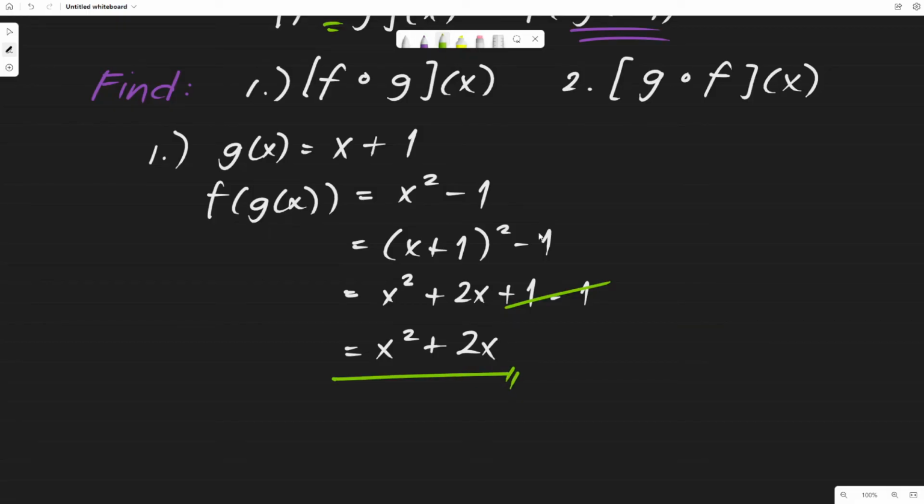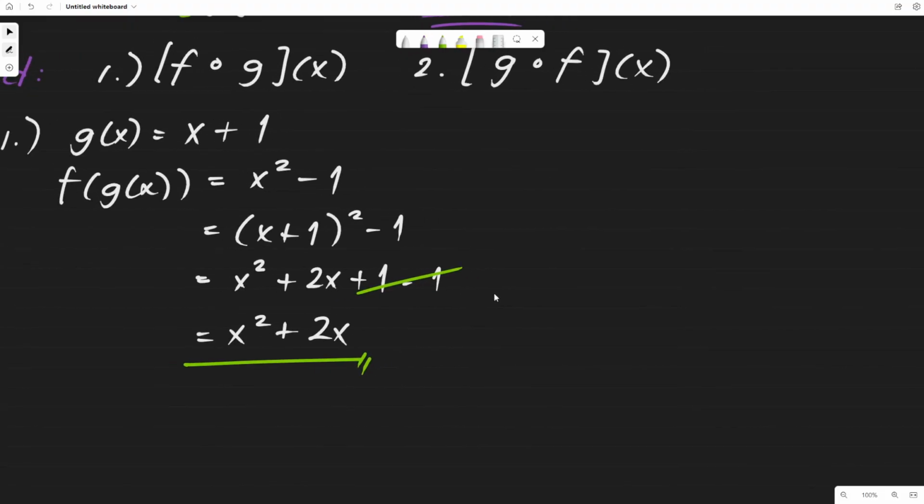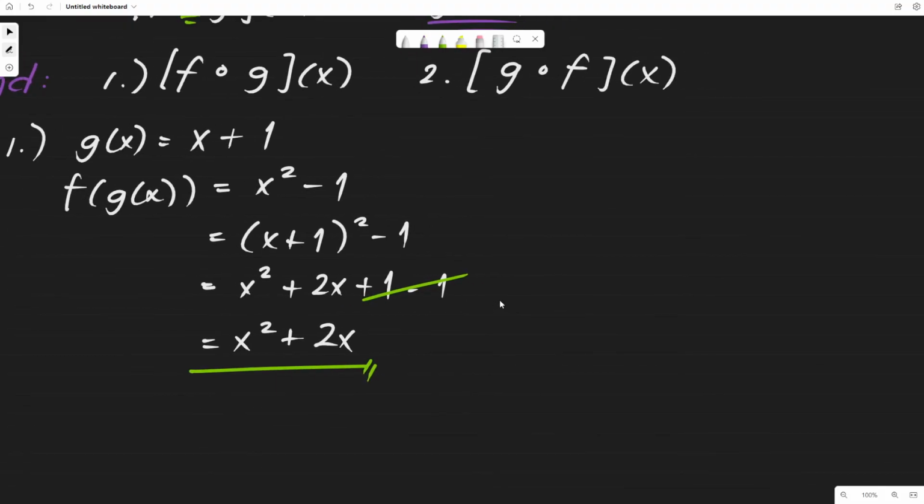Okay? Then, we have next, ayan. So, for our number 2, yung ating g of f of x, no, baligtad. So, we need first to define what is f of x. So, which is x squared minus 1.